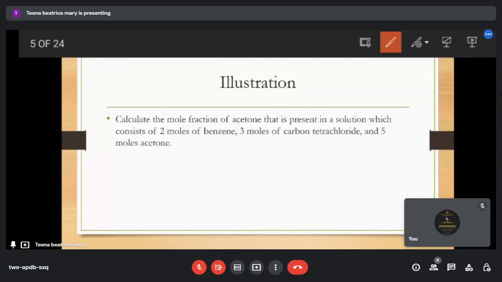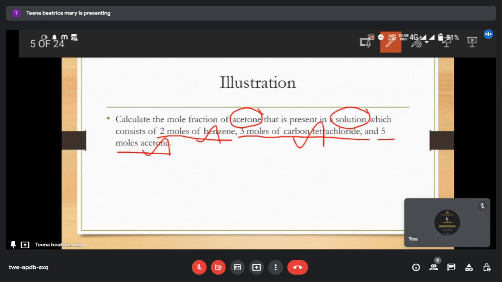Calculate the mole fraction of acetone that is present in a solution which consists of 2 moles of benzene, 3 moles of carbon tetrachloride, and then 5 moles of acetone. Okay. So what are we finding the mole fraction for? Mainly for acetone. That acetone is present in the form of a solution. What is there in that solution? We have benzene, carbon tetrachloride and acetone. Now what we need to find is the acetone one. Okay. So we can easily find it for all three, and then we can finally go with the answer.